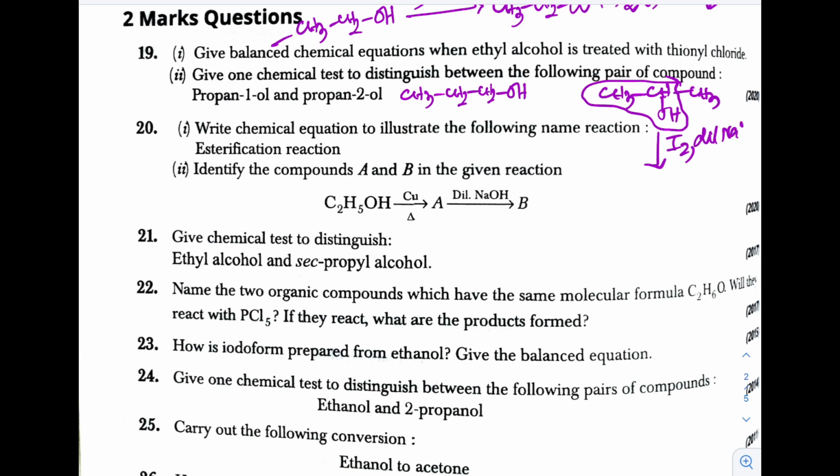I2, dilute NaOH gives CHI3, yellow sweet-smelling crystals of iodoform. But in the case of 1-propanol, with the same reagent, we will not get any crystals. Thus, with the help of the iodoform test, we can easily distinguish these two compounds.